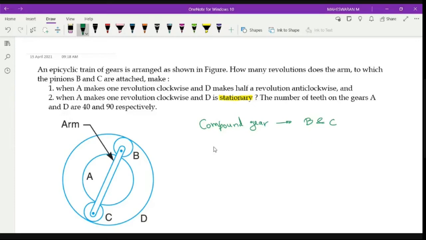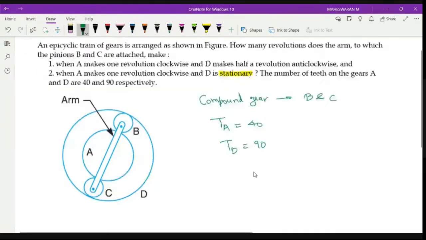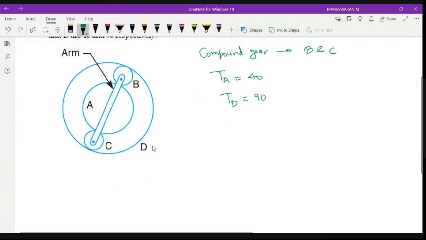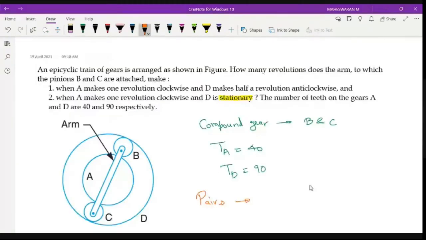Let me write down the data available. TA is known, which is 40. Gear A is 40, and gear D, TD, is known, which is 90. Now the question is, how many pairs of gears are here? 2.